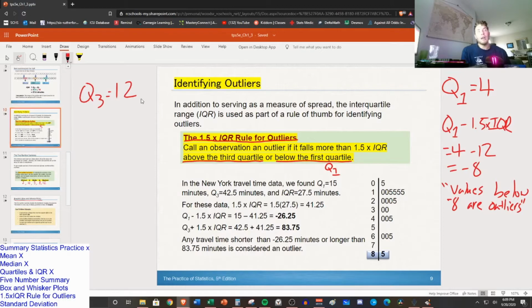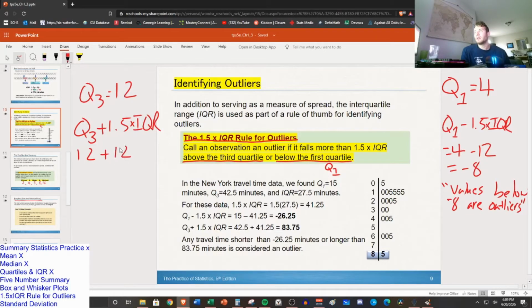And any outlier that we have that's high is going to be Q3 plus 1.5 times IQR. So that's going to be 12 plus 12, which is 24. Values above 24 are outliers.